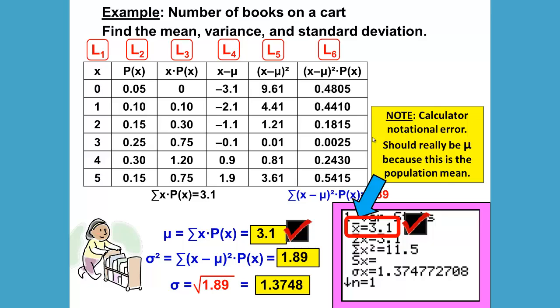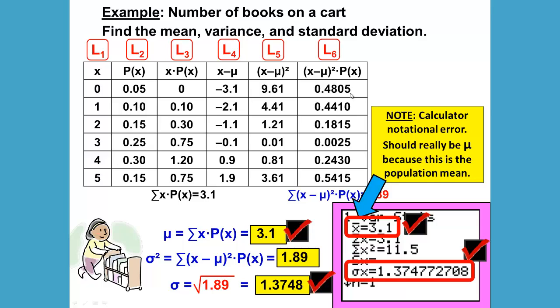Note, the calculator notation should really be mu because this is a population mean. But the calculator goes back and forth between samples and population here, and it just tends to use X bar for everything.